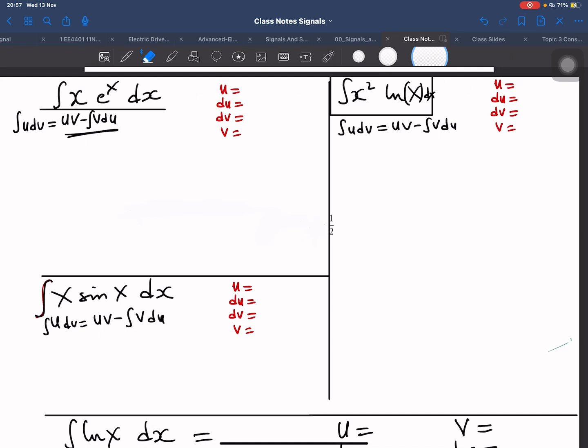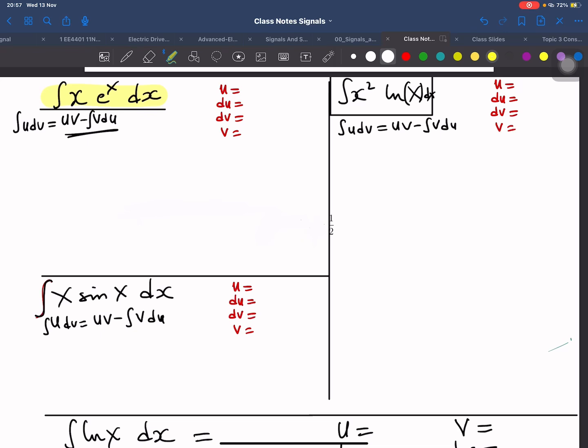Now, the first thing we need to know is that we have u and du, we have also dv and then v. For instance, from this very question given now, the one that I have highlighted, the first part, that is the x.